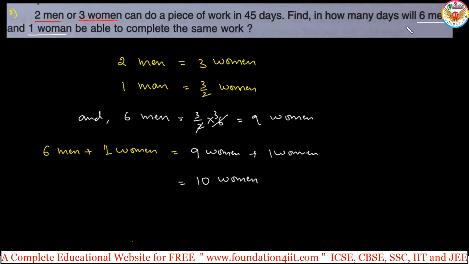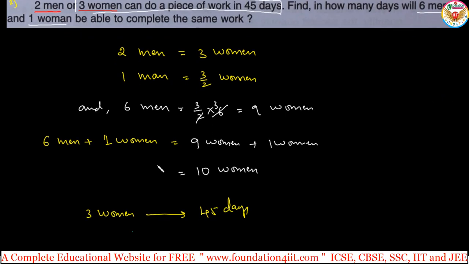That means the capability of 6 men and 1 woman is exactly equal to 10 women. Since 3 women can do the work in 45 days, therefore here 10 women, how many days?